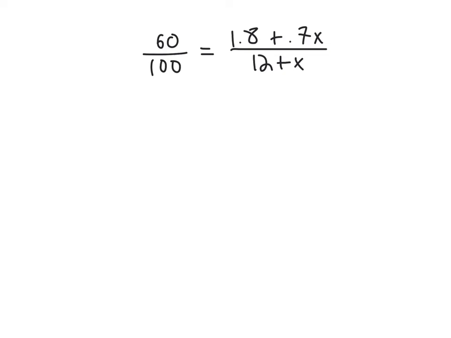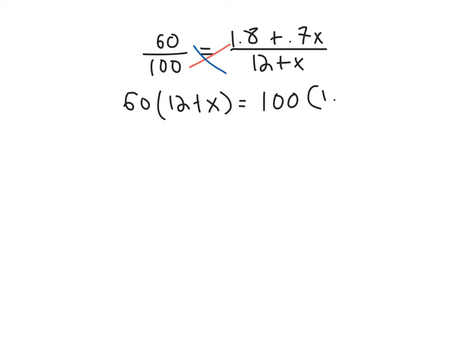So when we're solving this, we can get common denominators, cross multiply, however way your brain works. I guess I'll cross multiply. So I'm going to have 60 times 12 plus x equals 100 times 1.8 plus 0.7x.